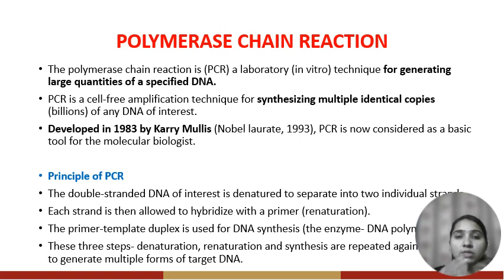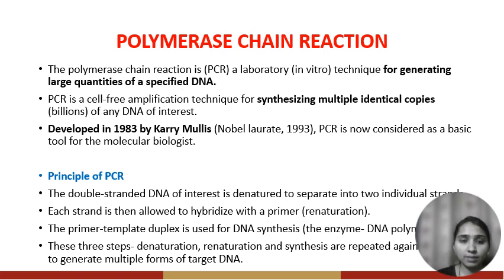So what is the principle behind the PCR? In this PCR there are three steps involved. First is the denaturation, second is the renaturation or annealing, and third is the synthesis or extension. In the first process, the double stranded DNA molecule is denatured into two separate strands.